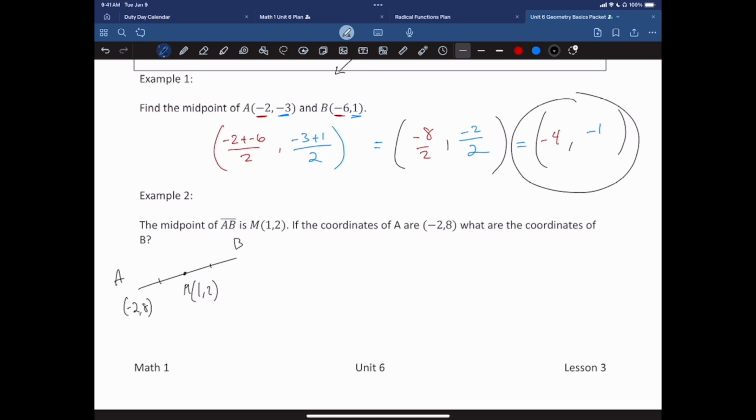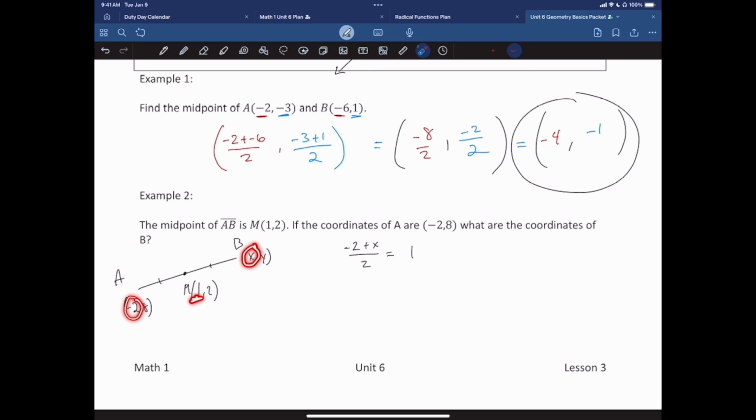Okay, we're trying to find this x and y for B. Okay, we're just going to use the 2 formulas, my x formula and my y formula. So I know that -2 plus some x, divided by 2, is going to equal 1, right? So all I'm doing is looking at the x here and the x here, the average of those two is going to be 1.